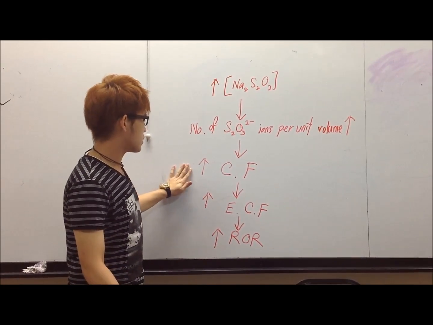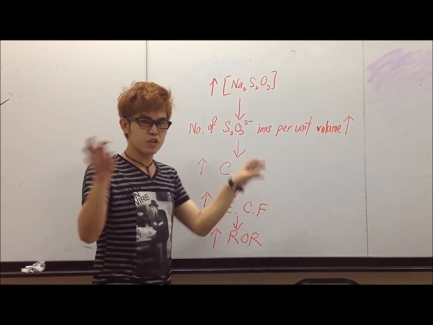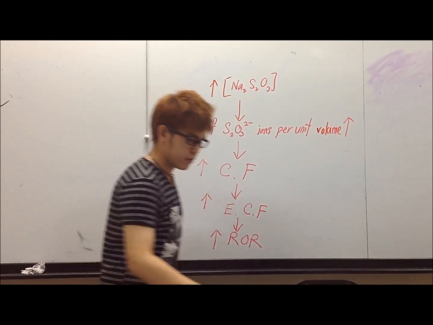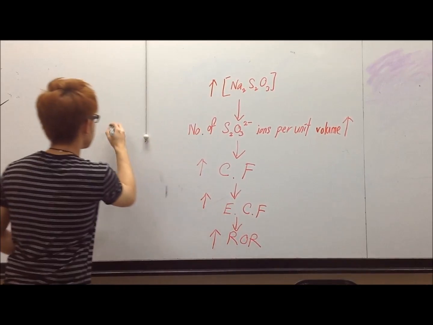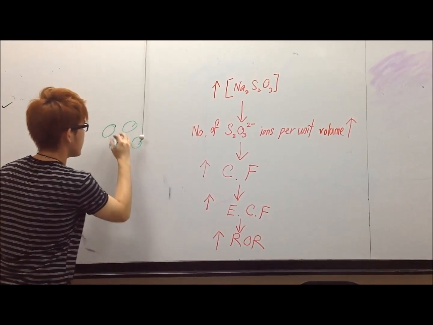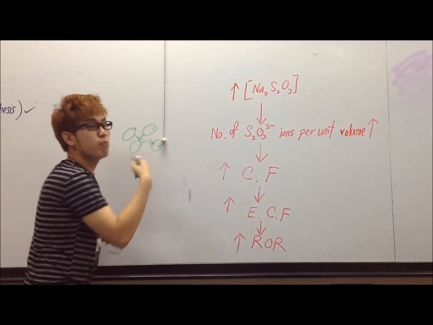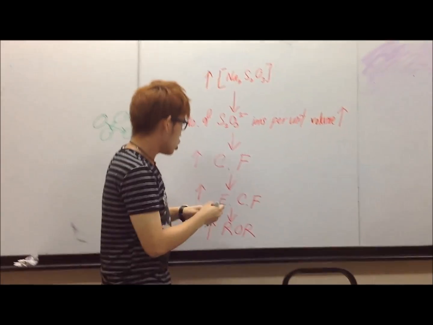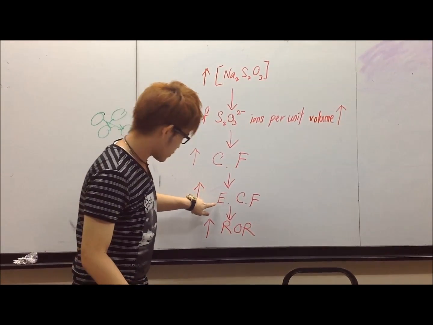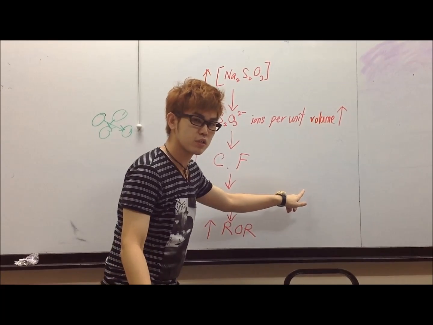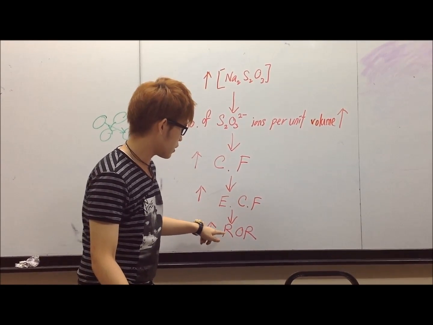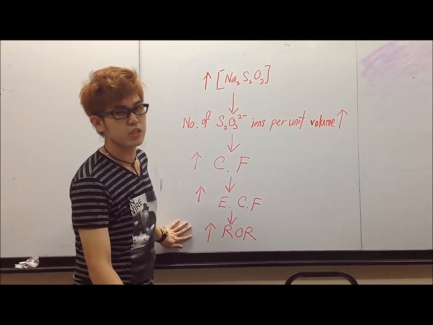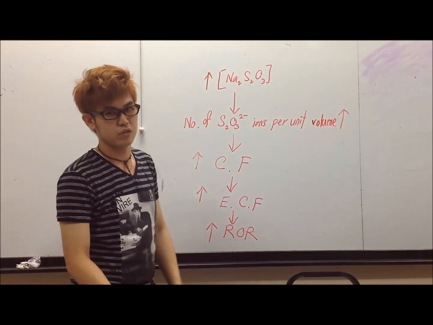This will cause the collision frequency to increase, meaning that there are more particles, right? So they tend to collide with each other more frequently, and thus the effective collision frequency increases, resulting in an increase in the rate of reaction.